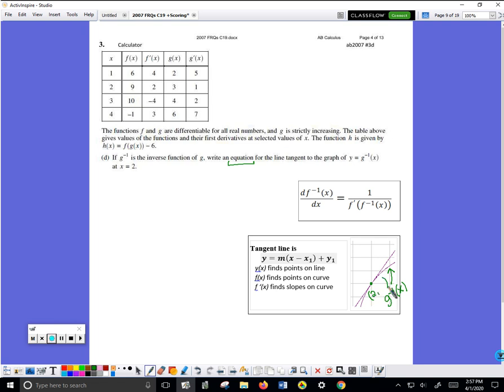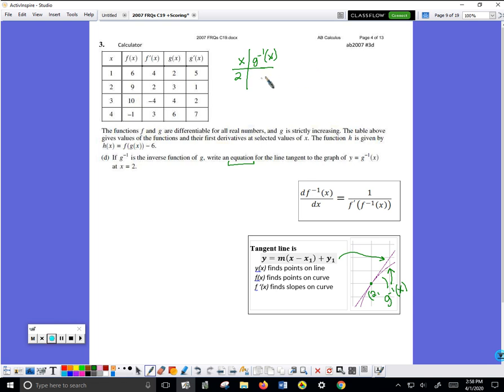And I know this is the equation I use to find the equation of any line tangent. So I need this y-coordinate. Well, inverse function means, so let's write it up here. If we plug in an x of 2 into the inverse function of g, we'll get something.